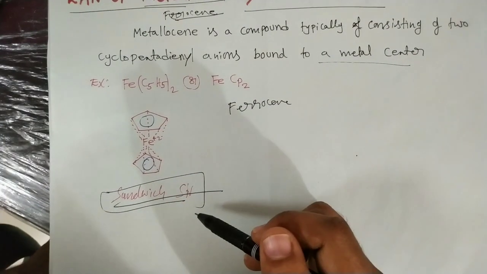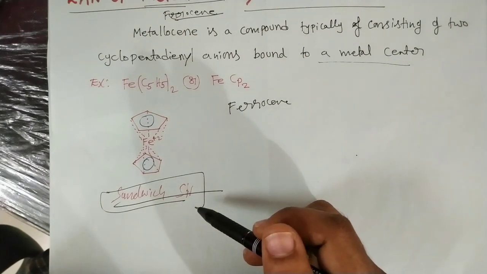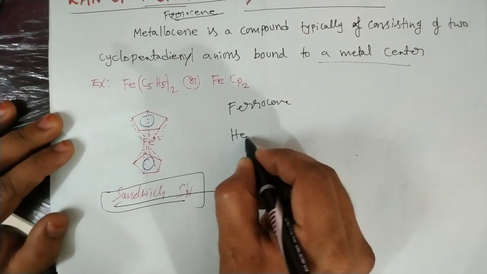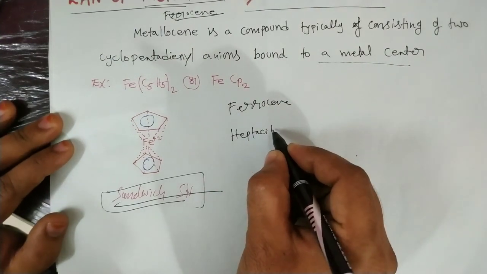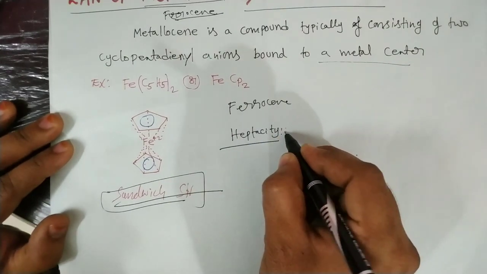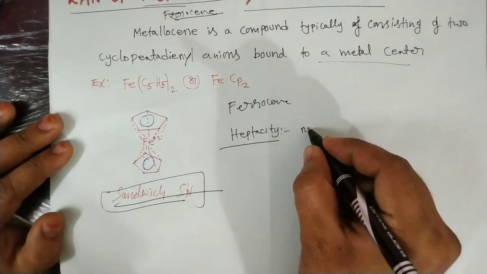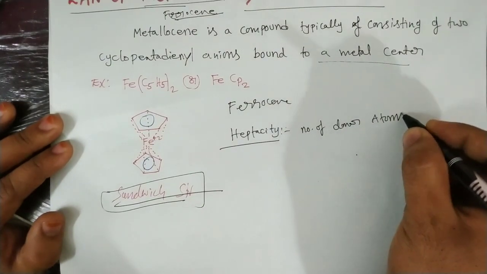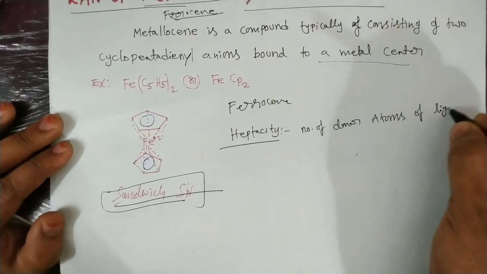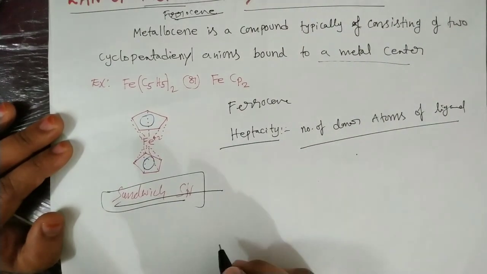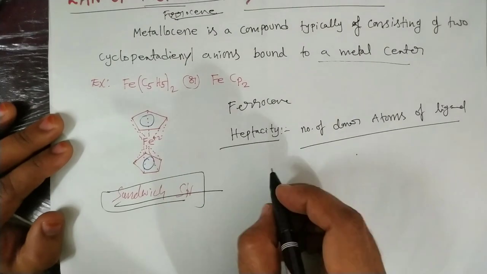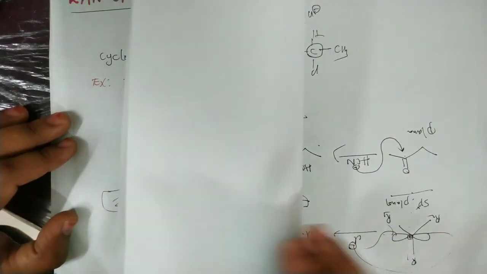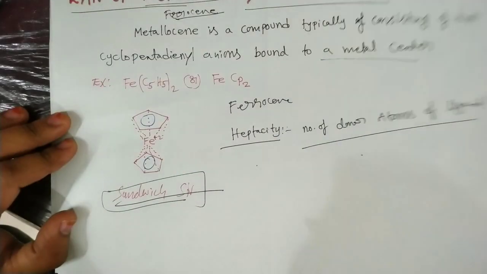Like a sandwich. In this case, first of all, you have to know about hapticity. What is hapticity? Hapticity means the number of donor atoms of the ligands. Suppose in this case cyclopentadiene. Generally it has pi resonating structures.